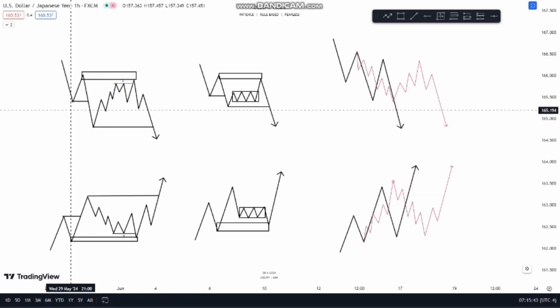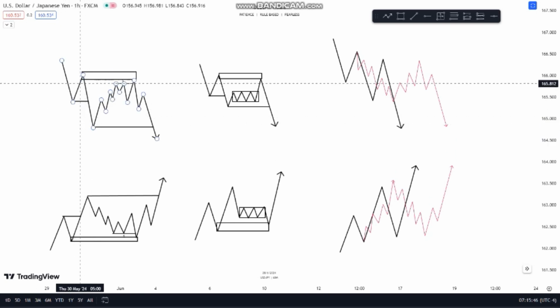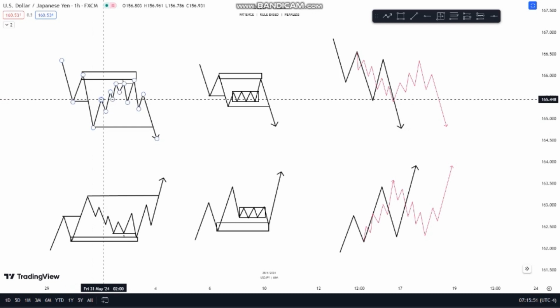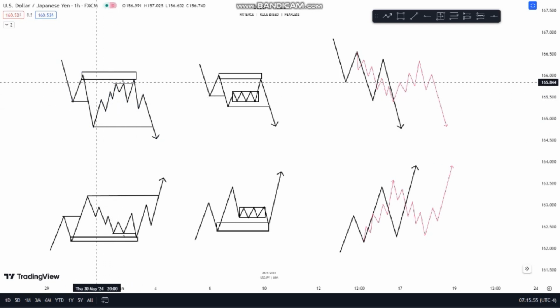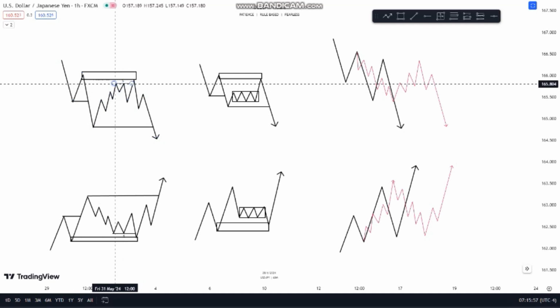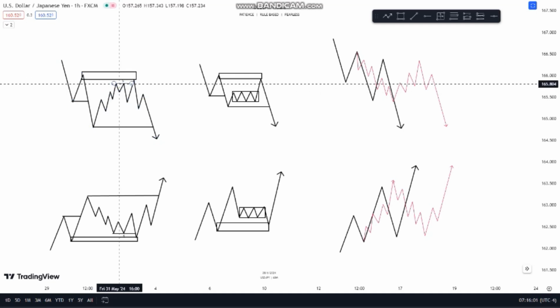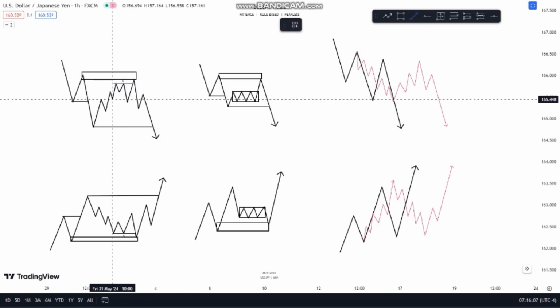As you can see the example here, price broke previous low, was making a retracement and reached close to the supply zone, created equal high, which is double top, then changed character.